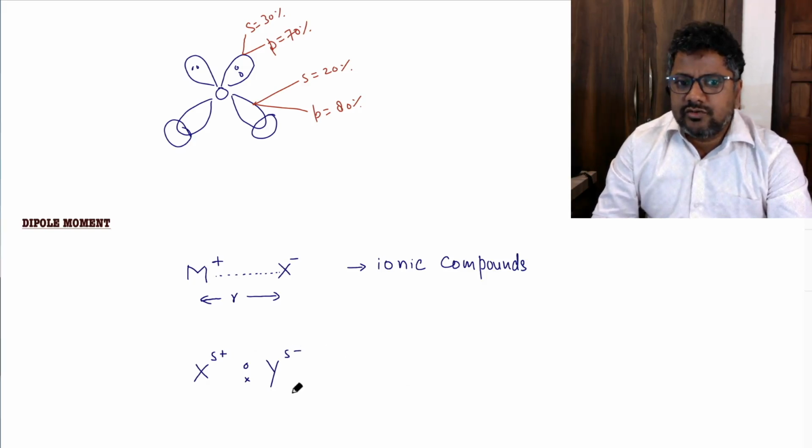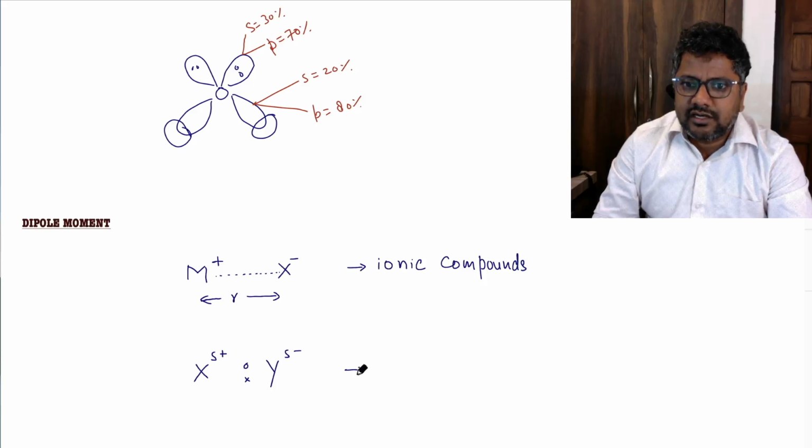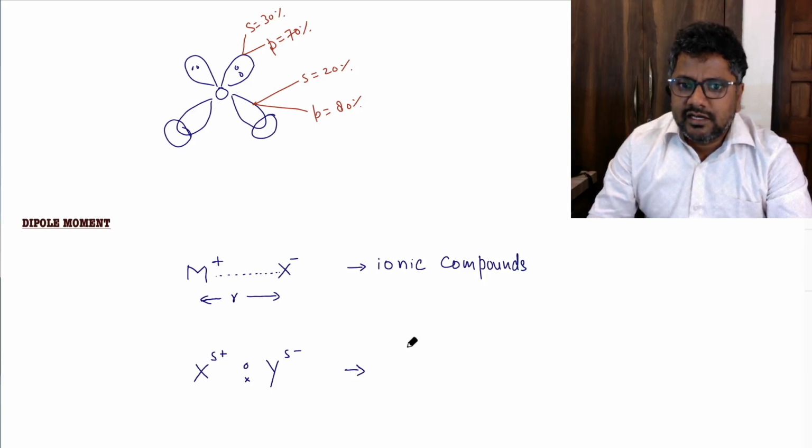So the bond is covalent, no complete ions are there. Compounds in which such bonds are present are said to be polar covalent.